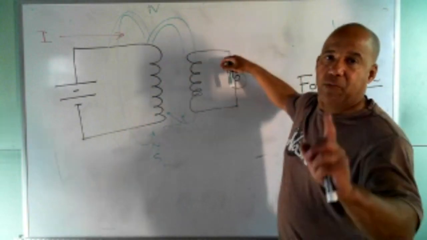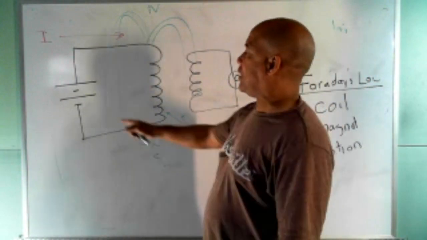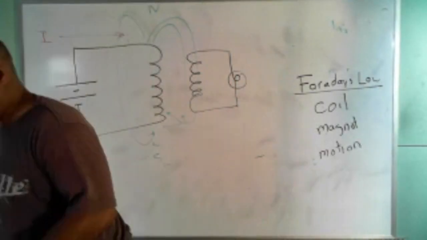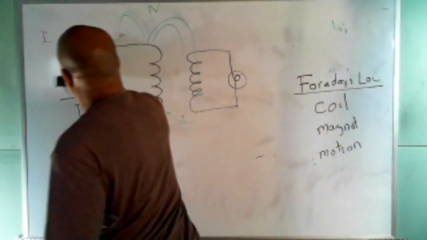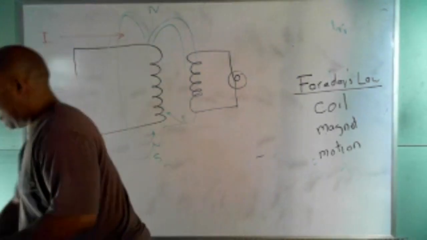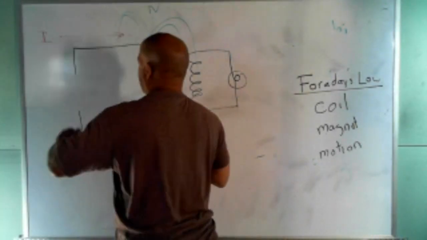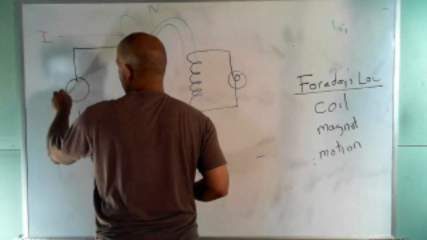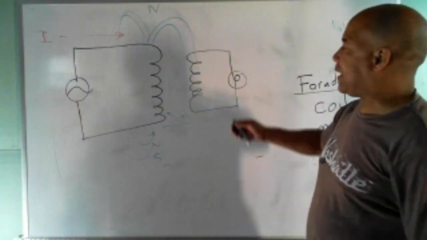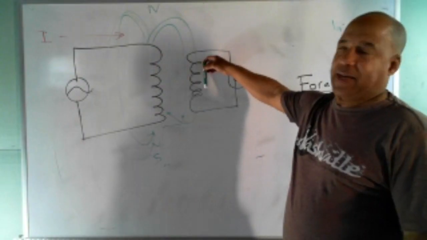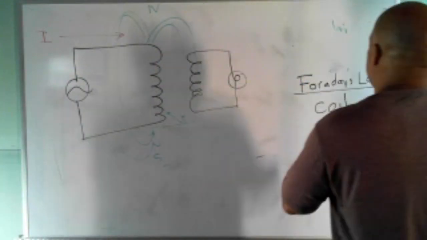But what if we did this? What if, instead of using the DC source, I took that out and replaced it with an AC source? What will happen then? Well, if I did that, I no longer have to move this coil. I can just leave it alone and hold it stationary. Because here's what's going to happen.